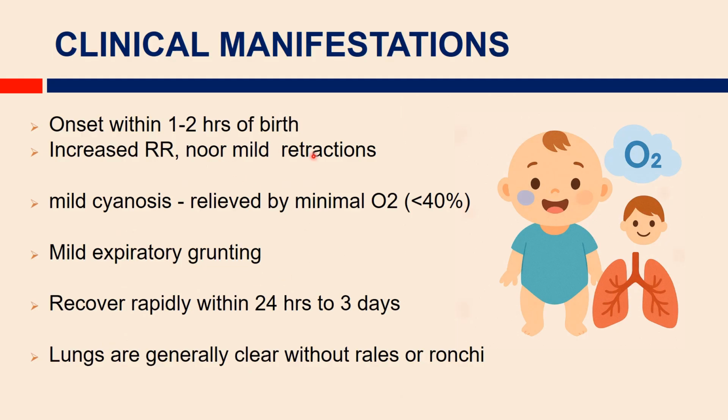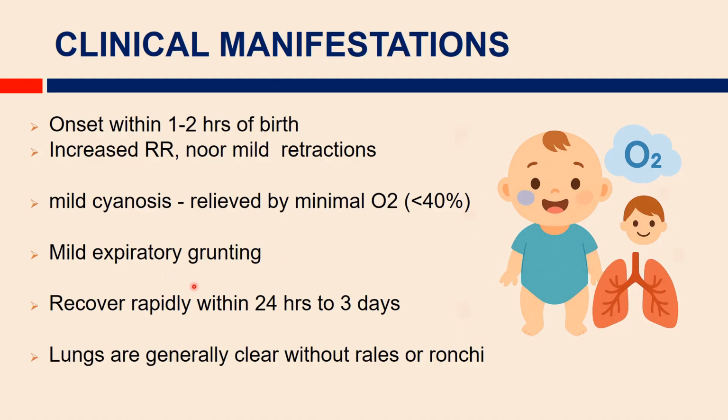Now, clinical manifestations: how does a baby present? Onset is within 1 to 2 hours of birth. The baby presents with tachypnea, that is increased respiratory rate, and for newborns, more than 60 is considered tachypnea. There are no or very mild retractions, and mild cyanosis which is relieved by minimal oxygen of less than 40%.